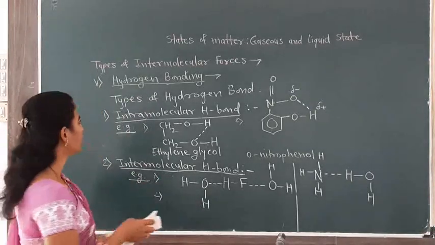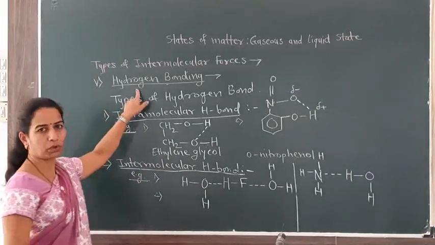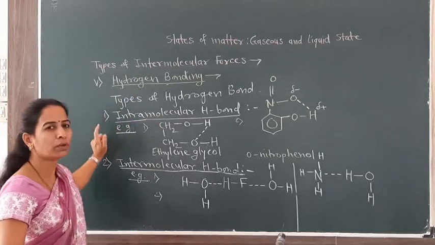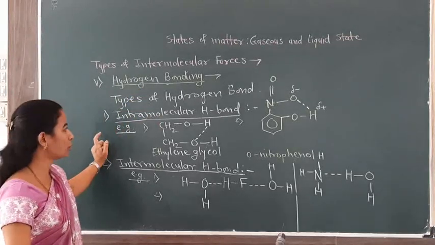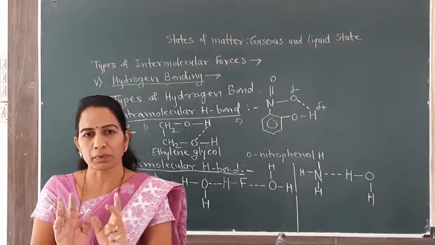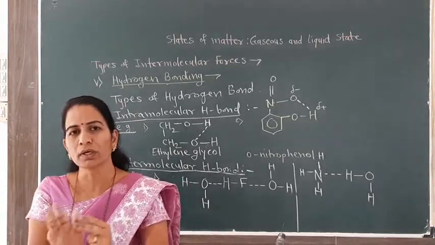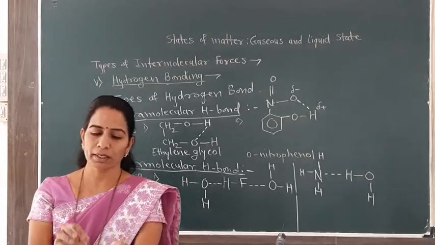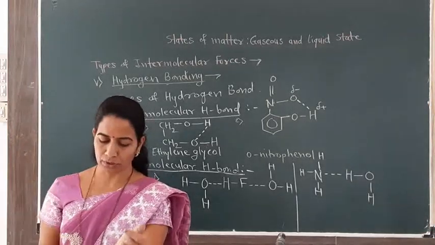Now let's see the definition of hydrogen bonding. Up till now we have understood what is meant by hydrogen bond. This bond is formed between the hydrogen atom of one molecule and the more electronegative atom of another molecule.